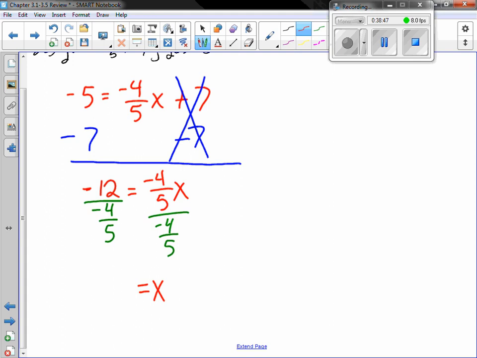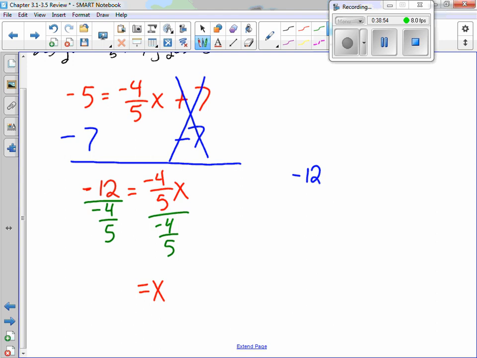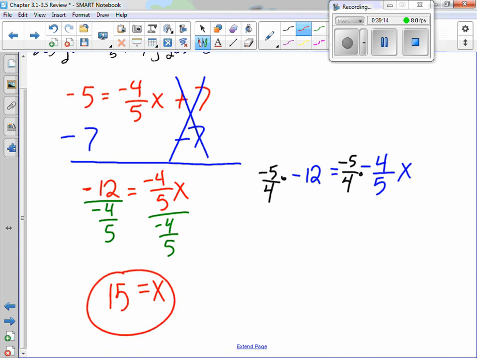And you can type that into a calculator. And if we did that, we would get x is equal to 15.